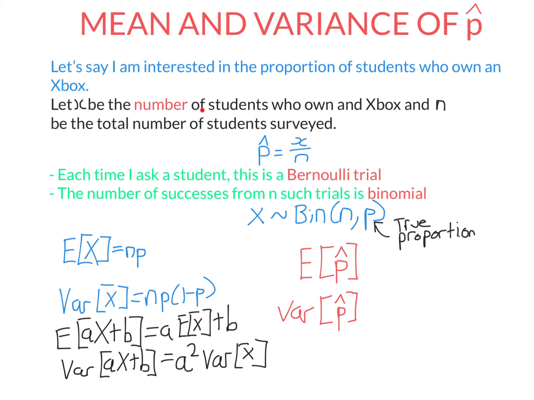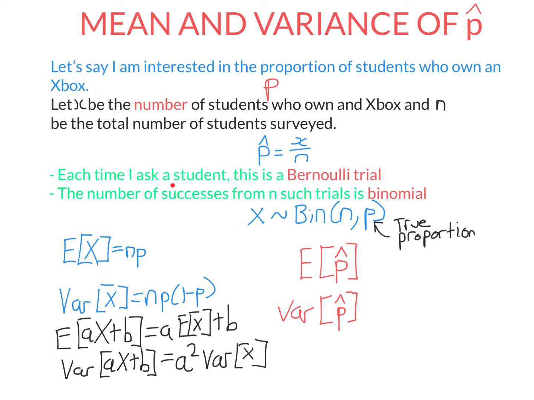If I let X be the number of students who own an Xbox, the sample proportion is just the number who own an Xbox divided by the total number of students I ask. Remember, p-hat, the sample proportion, is there to give me information about p, the true proportion of every single student who owns an Xbox.